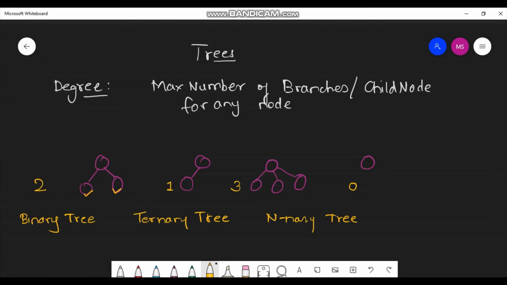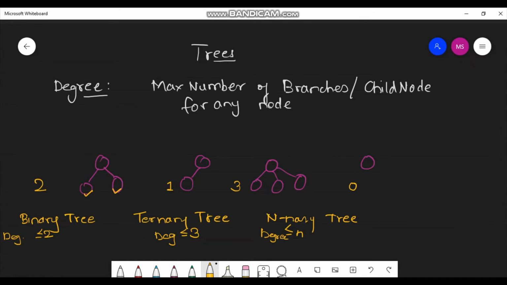Binary tree is when the trees have at most 2 degrees. Ternary is when the degree is at most 3. What is n-ary then? It should be n. You get it, right?